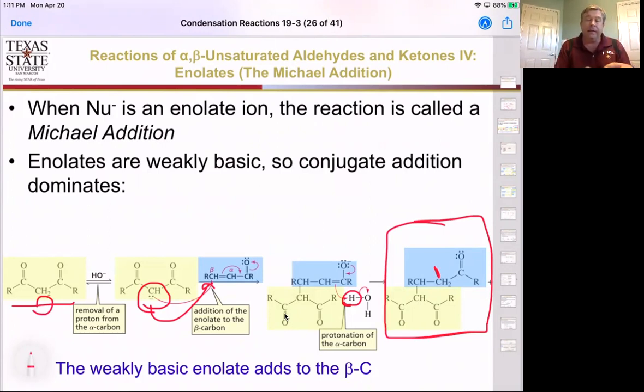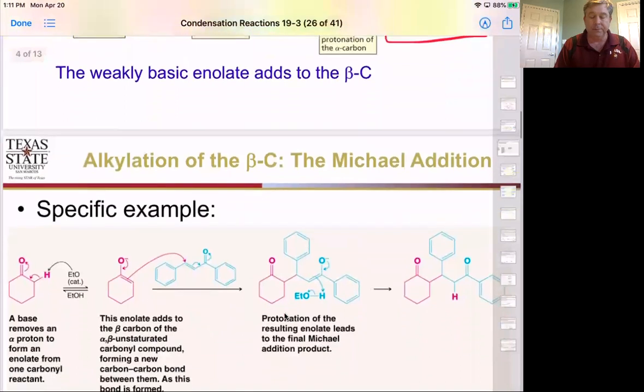So again, this is an addition reaction across that alpha beta carbon, the unsaturated double bond, without affecting the carbonyl or aldehyde compound. Okay, let's look at some of the other things about this.